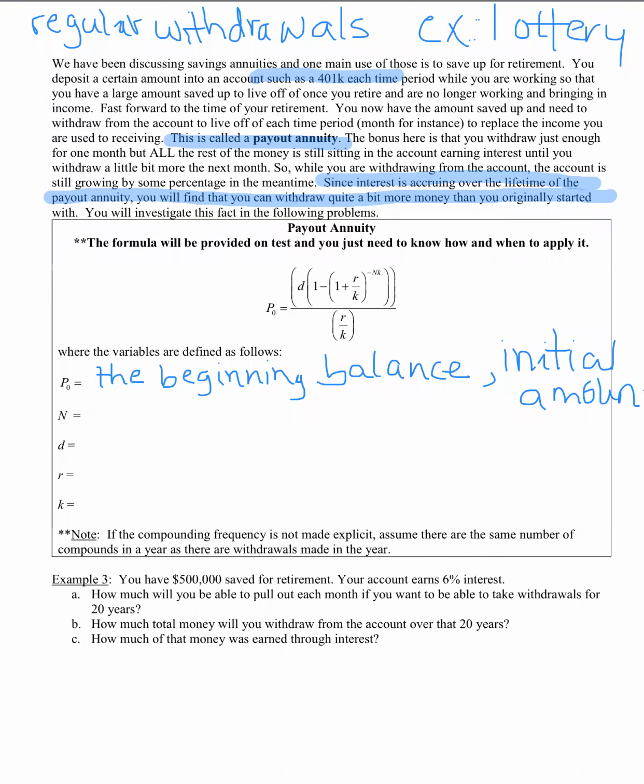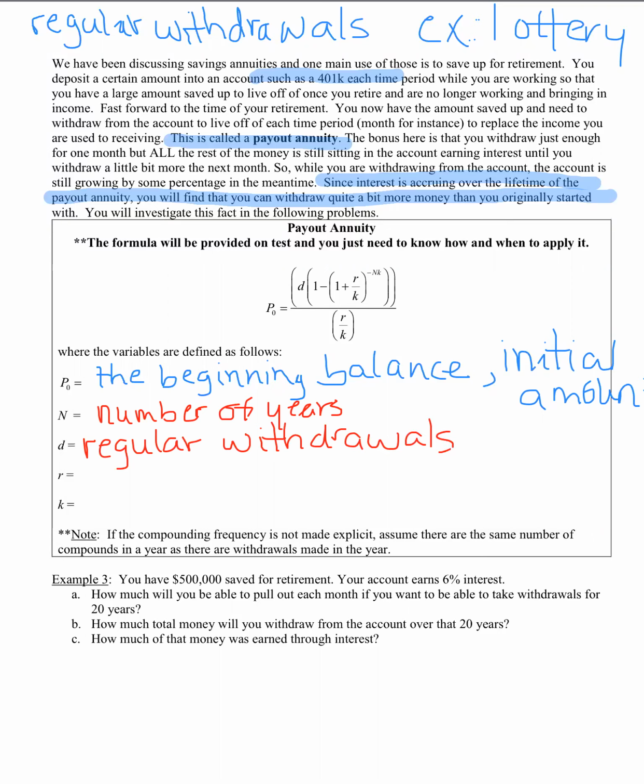And then the others are the same as before. N is your number of years. D is your regular withdrawals versus deposits. This is the amount you're taking out every time.